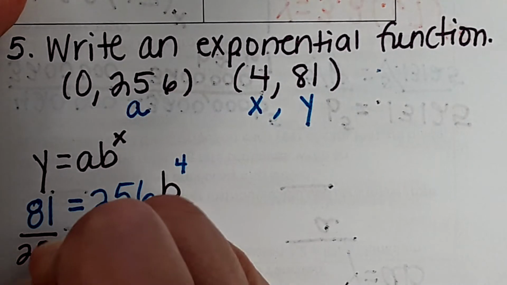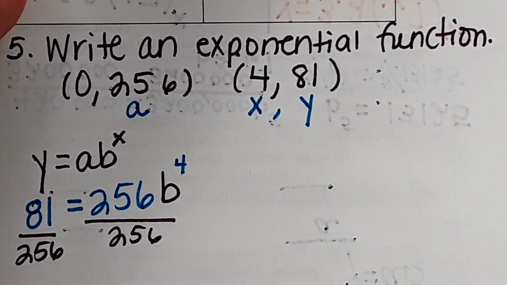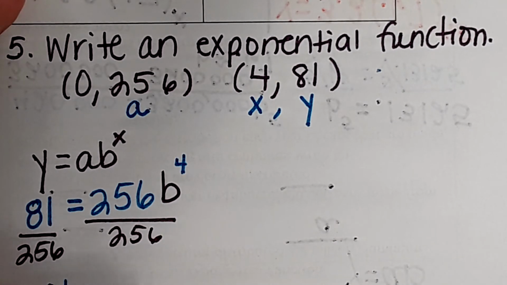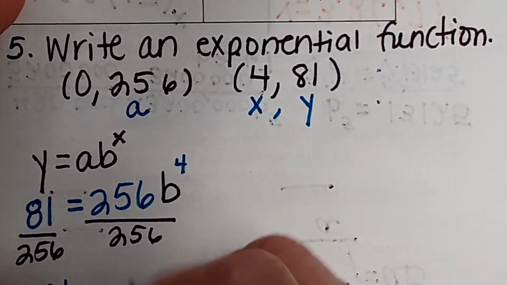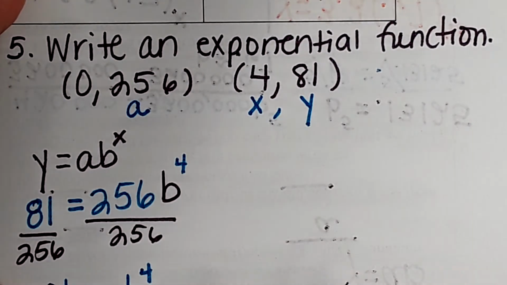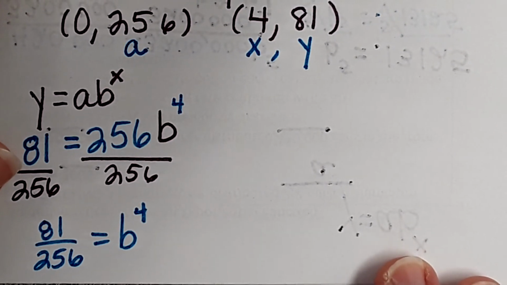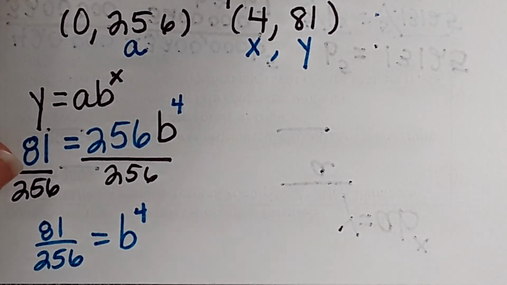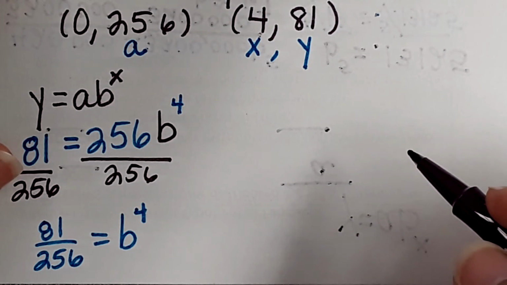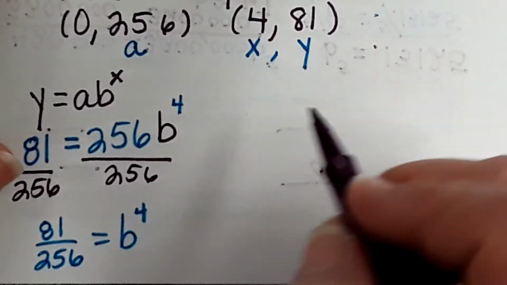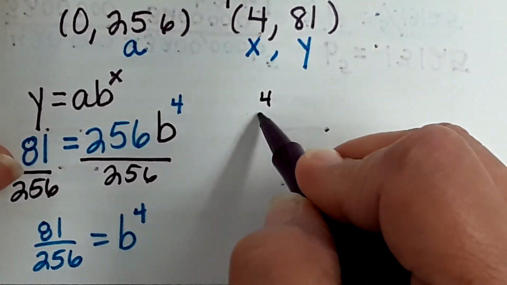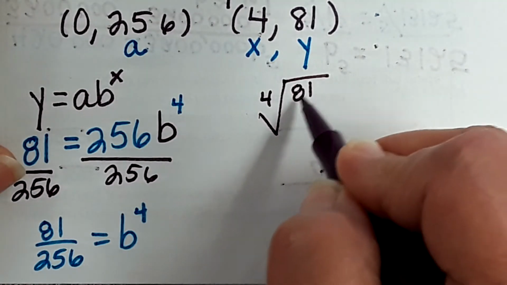You guys, don't get a decimal yet. Leave it. Okay. How do we get rid of the 4? Take the 4th root of both sides.